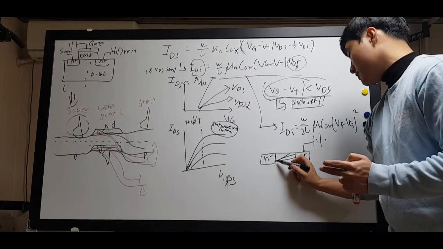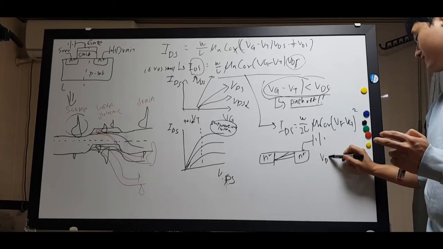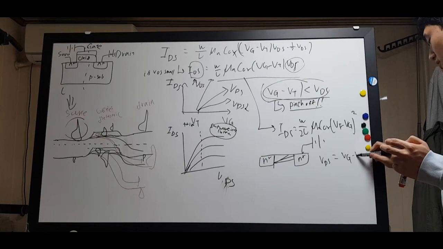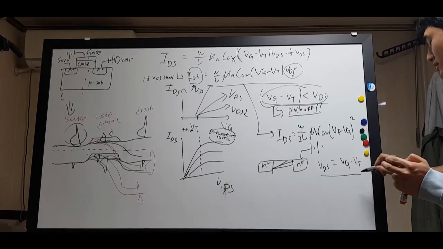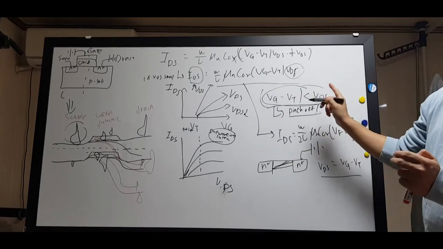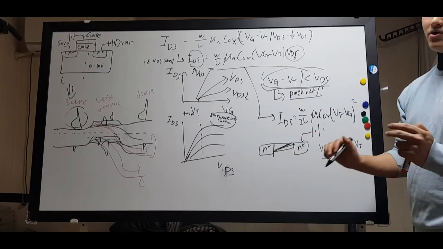Then finally, at some moment, when the drain-to-source voltage is the same as the gate voltage minus the threshold voltage, it will cause the pinch-off situation as I said previously. So the electron current will be limited.